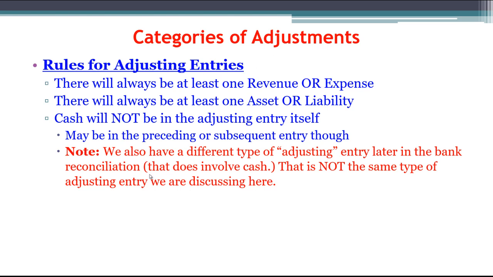And of course, since it's bank reconciliation, that definitely involves cash. So just keep that in mind. For these core adjusting entries we're talking about, cash will not be in that adjusting entry. If you see cash in it, it could be a related entry, but it's not the adjusting entry.